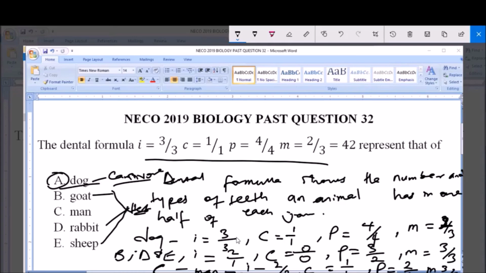Like you can see, dog has 3 incisors on 1/2 of the upper jaw, and likewise on 1/2 of the lower jaw, 1 canine on 1/2 of the upper jaw, and the same with 1/2 of the lower jaw, 4 premolars on 1/2 of the upper jaw, and likewise 1/2 of the lower jaw, and then 2 molars in 1/2 of the upper jaw, and 3 molars in 1/2 of the lower jaw. So therefore, the answer to this question is dog. Dog is the animal with this dental formula, that is carnivores with this dental formula.